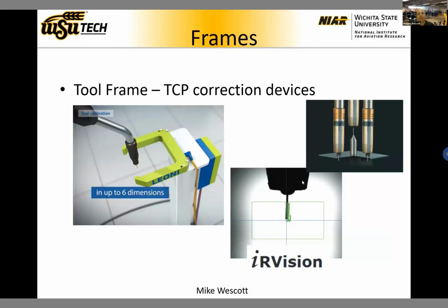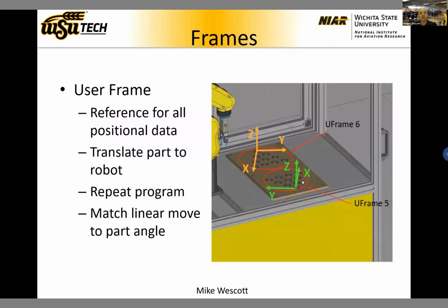The Leone can be used with other than torches. It can be used with any kind of TCP that creates a probe type device at the end. But the other two are typically used with torch applications, welding applications.